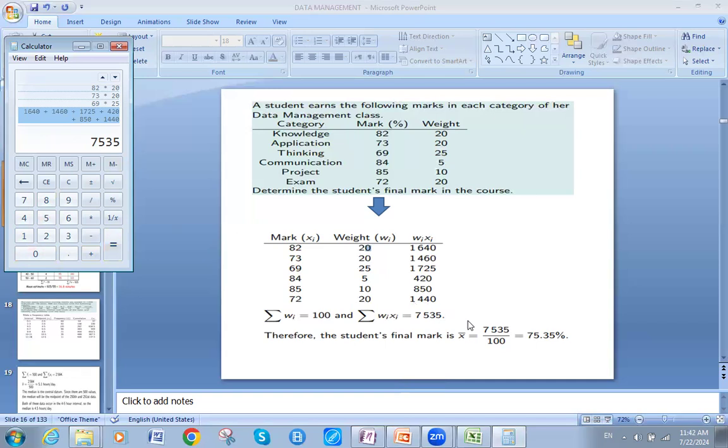But I didn't finish yet, because this is not the percentage. I have to get the percentage. To get the percentage, I will divide by 100.